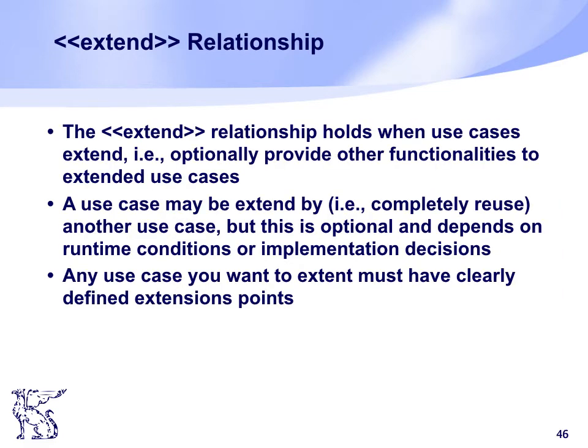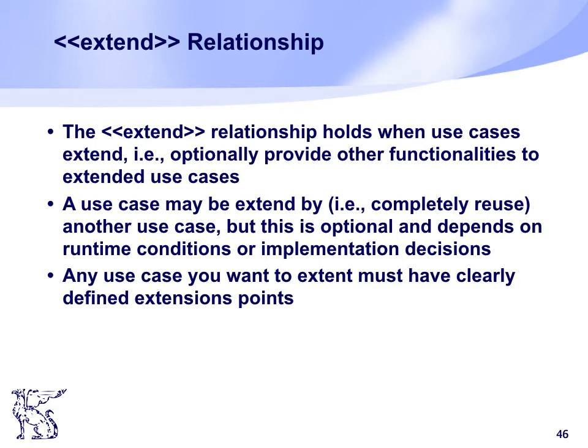So that's an include relationship. Now we will talk about the extend relationship. There are some functions that are triggered optionally. In such a case, you can use the extend relationship and attach an extension rule to it. The notation is almost the same as the include relationship.